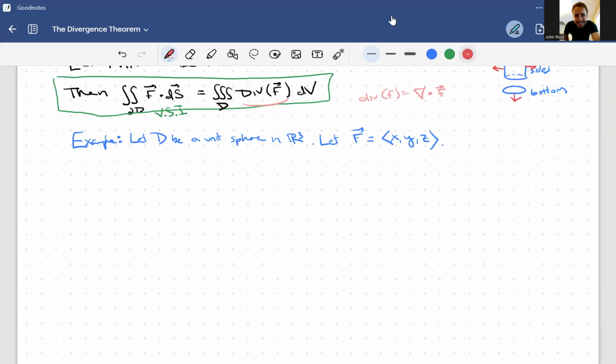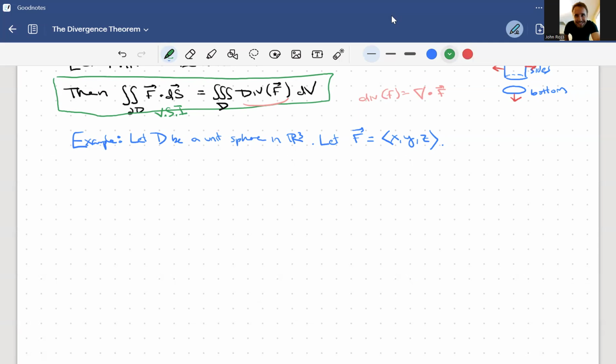In this example, we'll be looking at a unit sphere in three-dimensional space. And so the boundary of this will be the outer shell of that three-dimensional sphere. We have a given vector field, and so we'll compute the vector surface integral on the left, we'll compute the three-dimensional integral on the right, and we'll see that they are in fact equal.